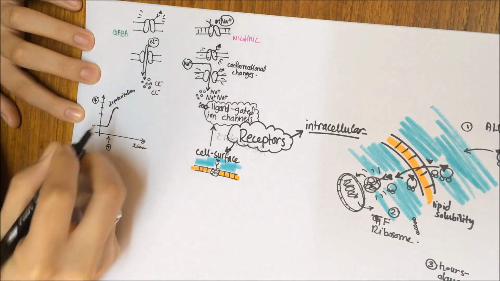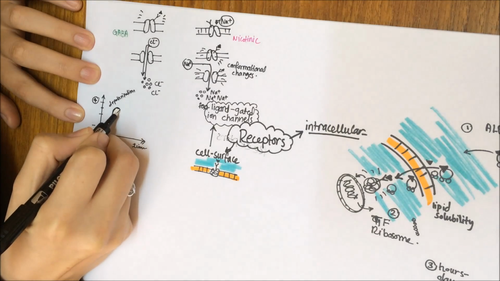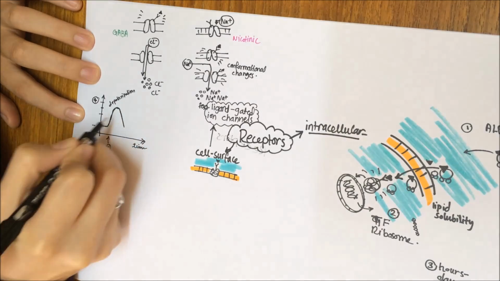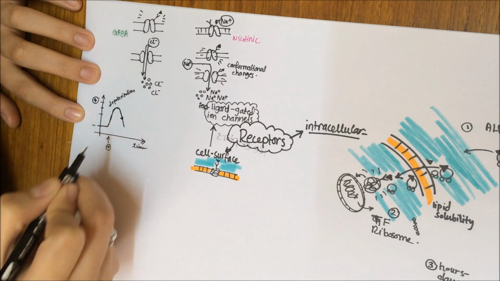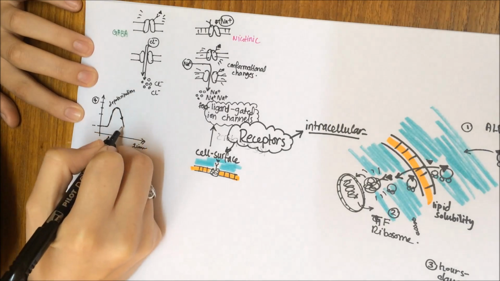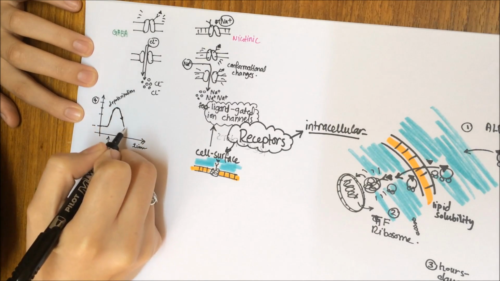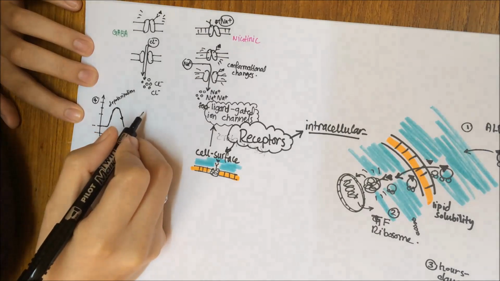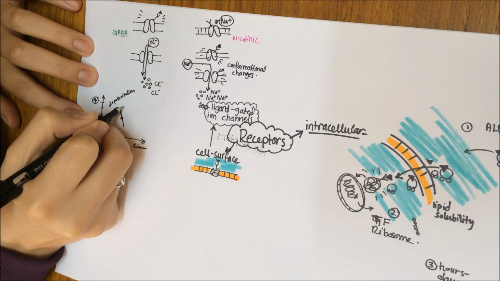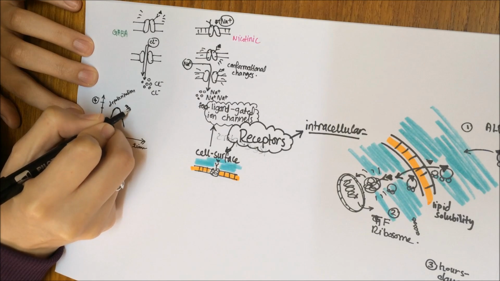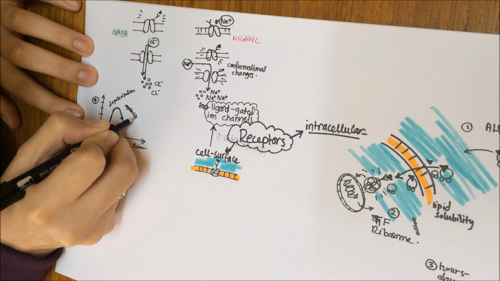Okay, then we're going to get down back to the negative level. Okay, now the negative ions will get inside or the positive ions will go outside. This is the repolarization.